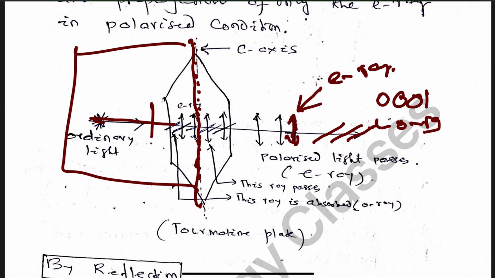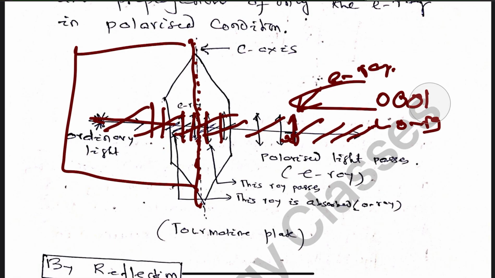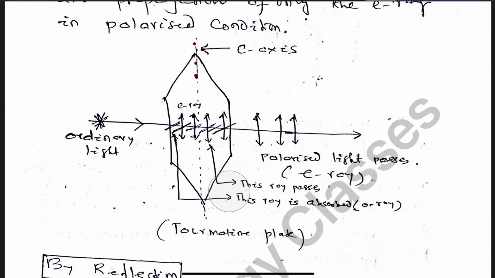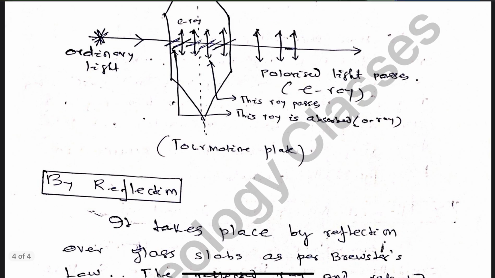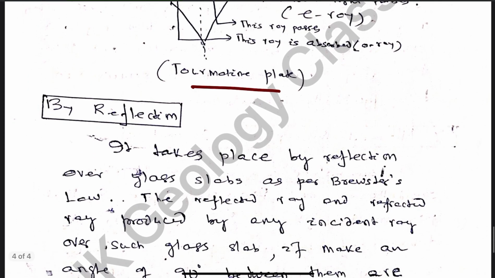And the O ray always vibrates in the basal plane. The O ray is not allowed to pass through, and the E ray is allowed to pass through. It is the polarized ray. So, tourmaline acts as a natural Polaroid.